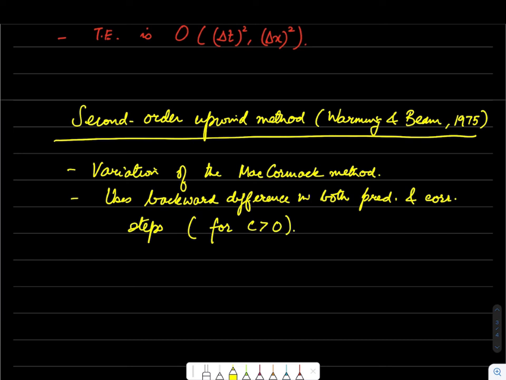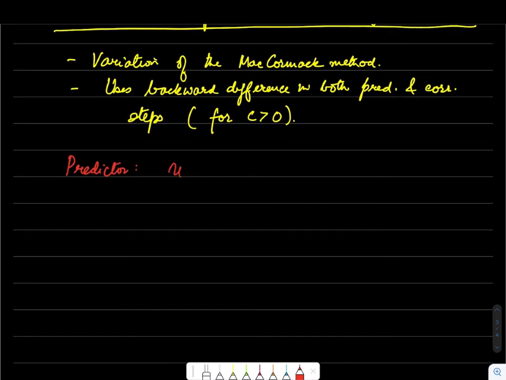If c is less than 0, then we will take forward differencing in both steps. So with this, the predictor step appears like this. We'll have u_i temporary variable n+1 will be u_i^n minus c Δt/Δx (u_i^n minus u_(i-1)^n).